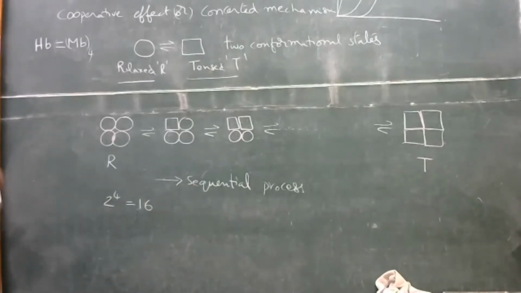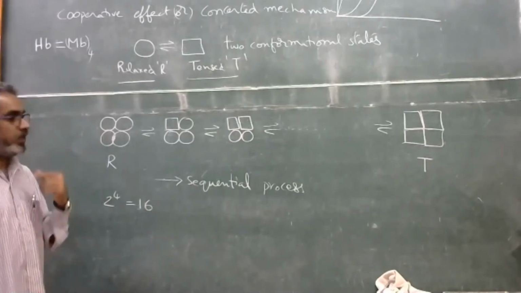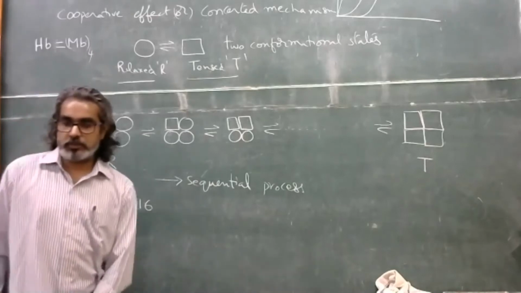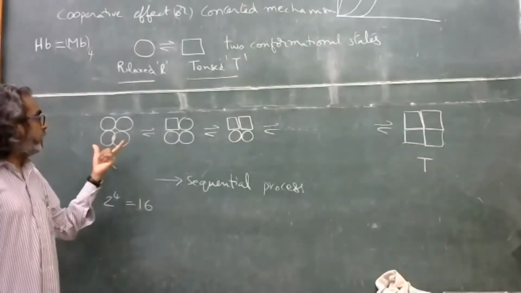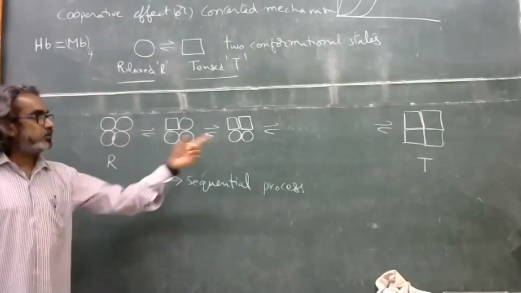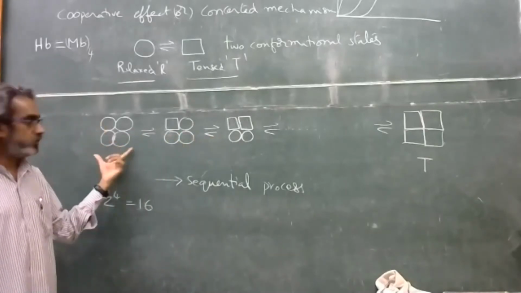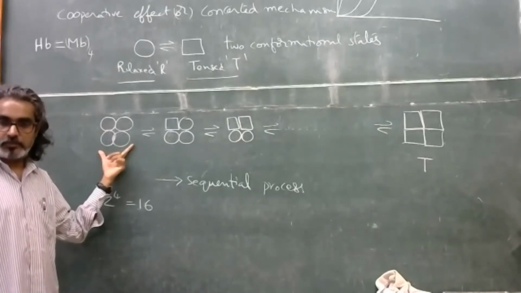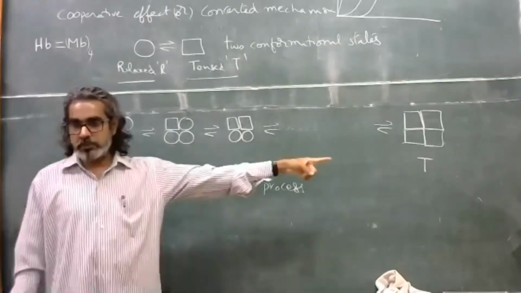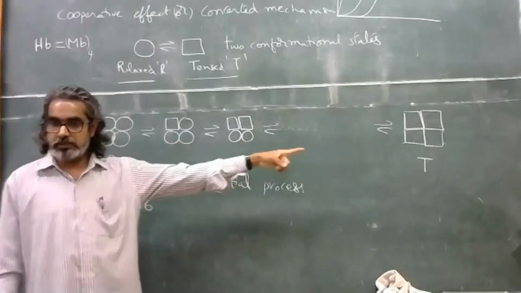But not all states can be distinguishable from each other, right? For example, when all 4 are relaxed or all 4 are tensed, you have only one possibility each.